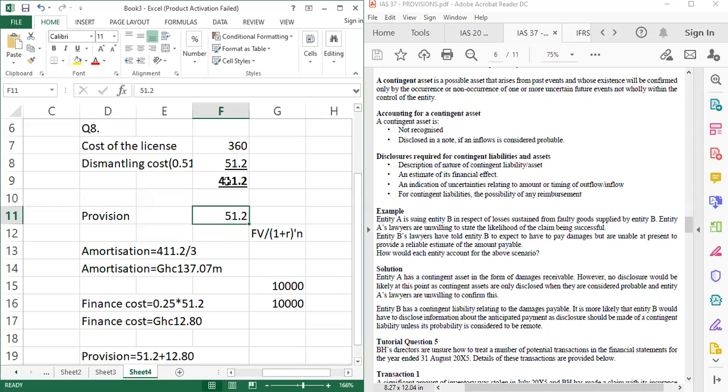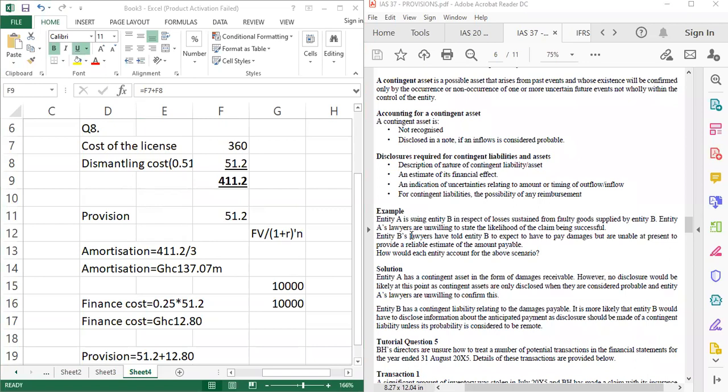So the license will be 411.2 minus the amortization, and the provision will be the initial provision plus the finance cost, 107.07. So it means that we have amortized, we have used one year of it, and that amount that we have used is the 137.07. So we subtract it from the initial cost. Are we on the same path now? All right.